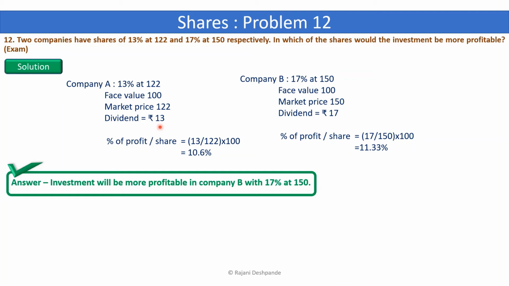So 13 rupees for 122 rupees, so its percentage will be 10.6%. And here you get 17 rupees for 150, so its percentage will be 11.33. So in this case, the answer would be investment will be more profitable in company B with 17% at 150.